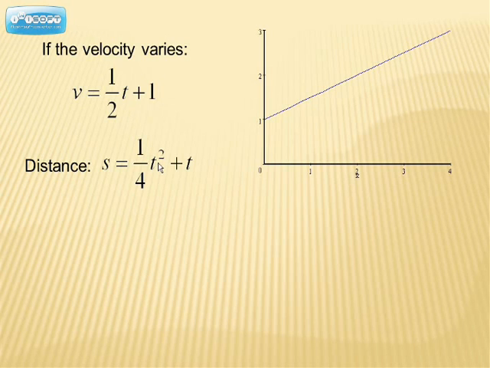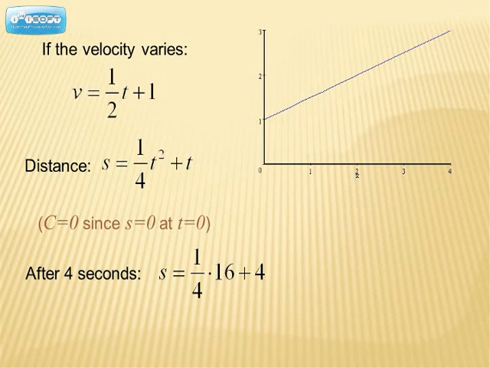So I took a t and I added a 2, and then I took 1/2 and divided it by 2 to get 1/4, and then for the 1, its antiderivative would be t. Our constant is 0 since our position at time 0 is 0. So we don't have to worry about a plus c in this case.